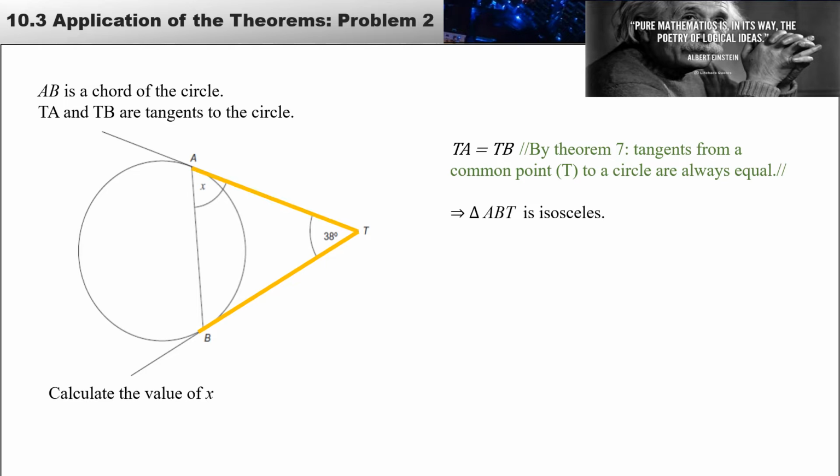Because with an isosceles triangle, you have two of the three sides being equal, and that would mean that these two base angles are equal. All right, so angle TAB and angle TBA are equal, and therefore I can calculate the size of one of those angles using this calculation. 180 minus 38 degrees, divided by 2, that will give me 71. So the size of both angles is 71 degrees, and therefore x is equal to 71 degrees.